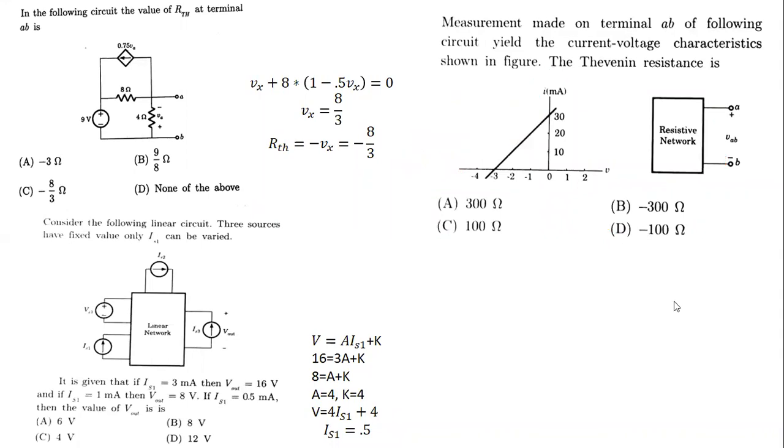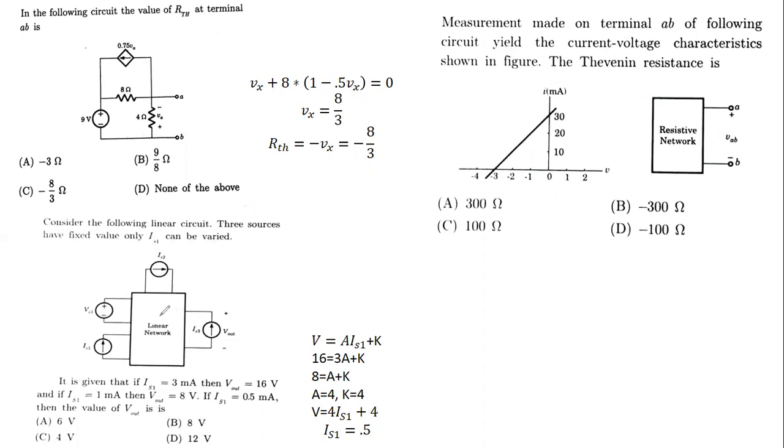Now one last question. The question is saying, consider the following linear circuit. Three sources have fixed values; only IS1 can be varied.